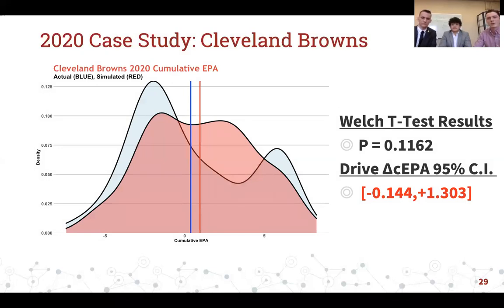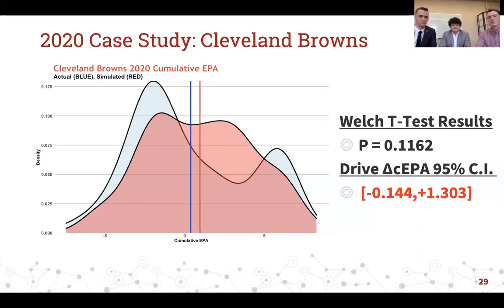And here we go. We look at Cleveland's 2020 cumulative drive EPA in blue, and we look at what we simulate on teams that are very similar throughout 2014 to 2020 based on PFF passing grades. We use those plays, and we can produce a marginally higher cumulative drive EPA.